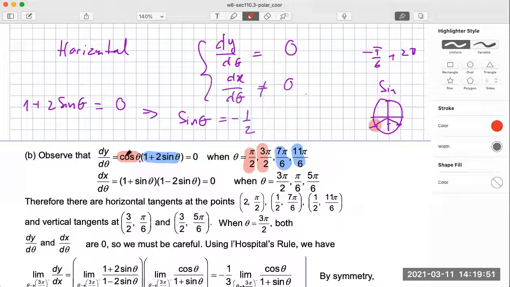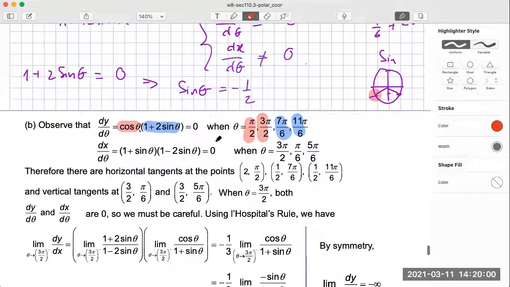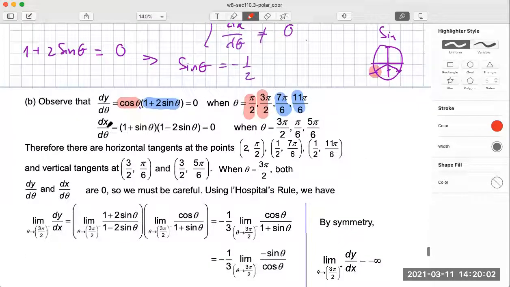From cosine theta gives us these two angles. From 1 plus 2 sine theta gives us these two green angles. And in general, if dx over d theta is 0, then we will find these three angles.